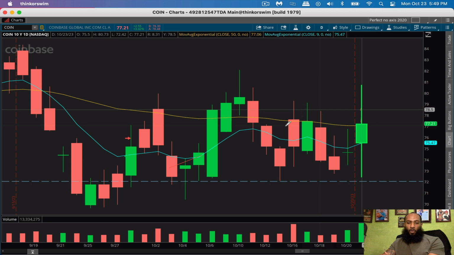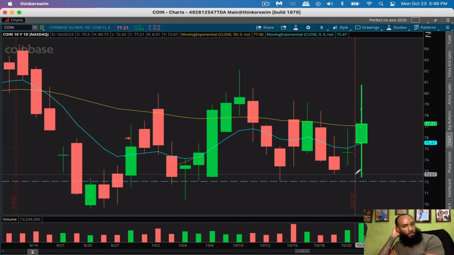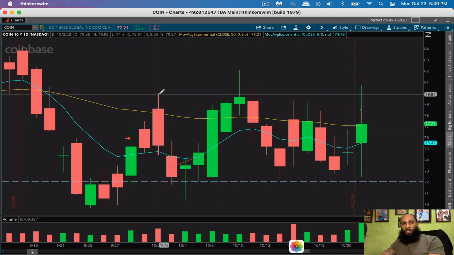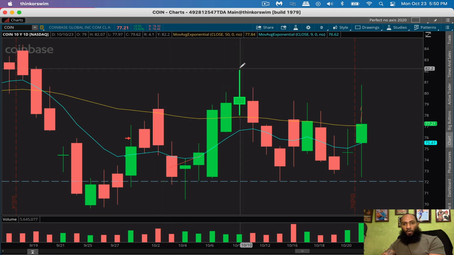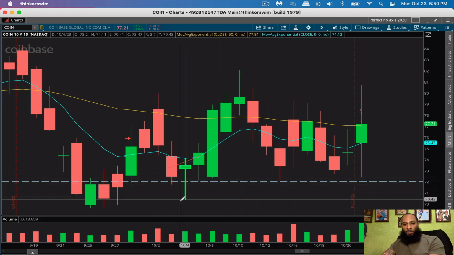And why am I so confident in this move going up from this point? Because I'm simply following the trend, right? The uptrend is higher highs, higher lows, which we're seeing. This high is higher than this one, and we're seeing higher lows each time, right? We just recently made a higher low than this one, right?